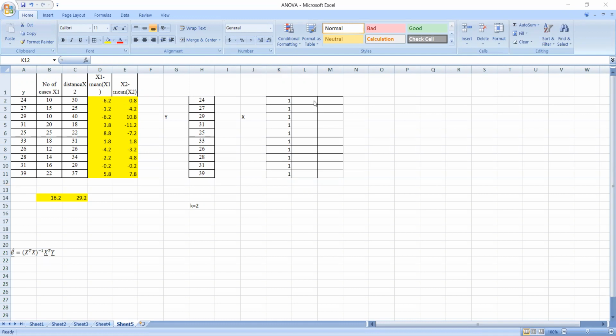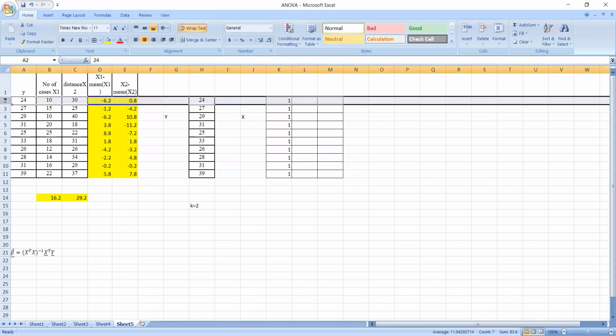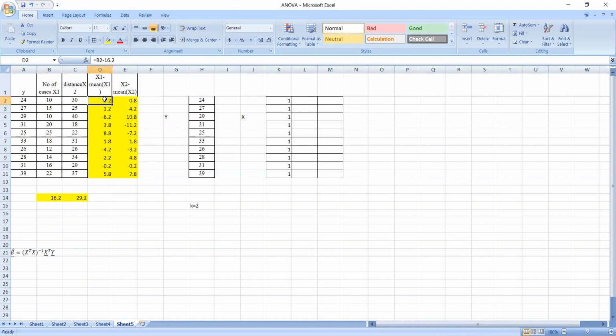Okay, so if you look at the data set, in our first observation, if you look at the 2 independent variables, the first value of the first independent variable is minus 6.2. So in the first row of your X matrix, you have 1 here, that is to obtain the constant, that is the intercept beta naught.